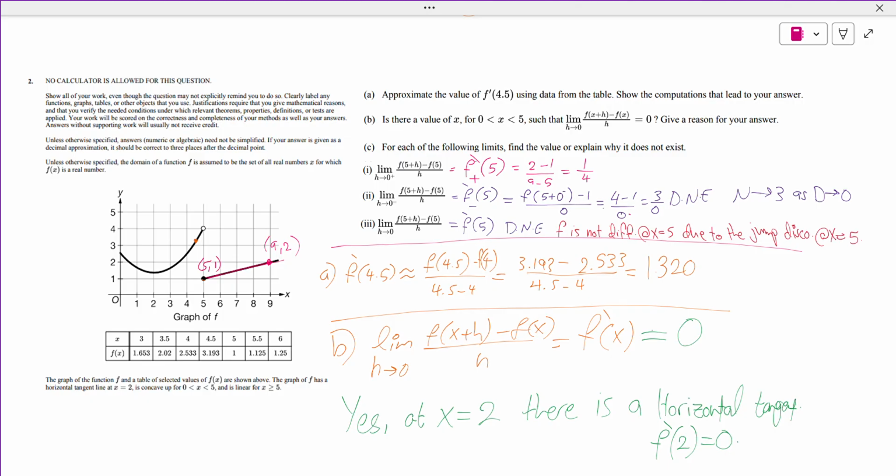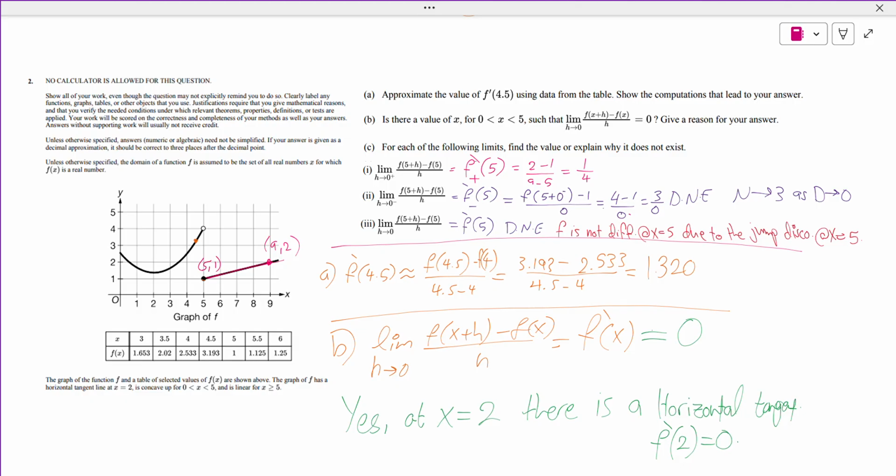This is one reason. Or you can say that the previous limit, which is f prime of 5 from the left, doesn't exist.